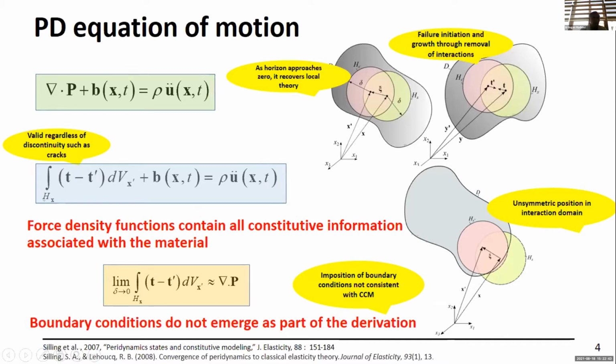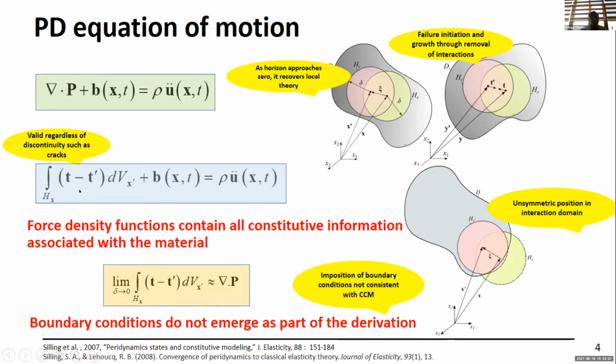And the domain of integration here serves as the domain of interaction. For example, for point X, it is this circle here. As the radius of the circle approaches 0, this integrand actually recovers the divergence of the stress tensor, as proven by Silling and Lehoucq in 2008.